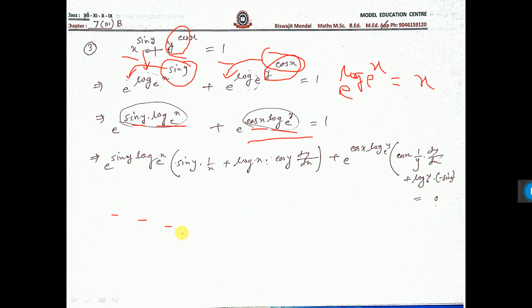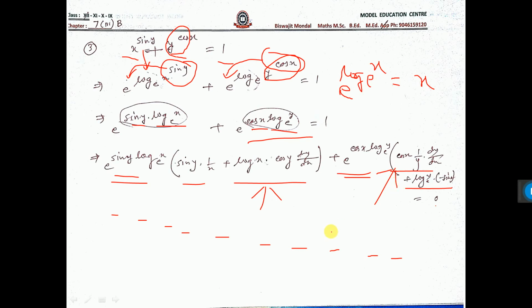Now see here, the next line I have not written because you can do the sum now. Let me explain it. You multiply this one with this one, this one with this one, again this one with this one, and this one with this one. So you will get this term with dy/dx and this term with dy/dx.